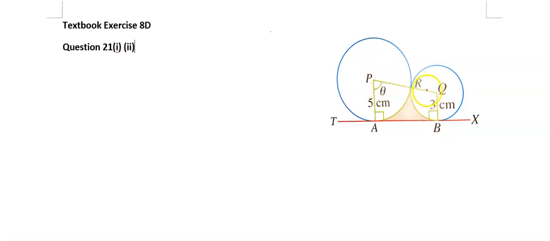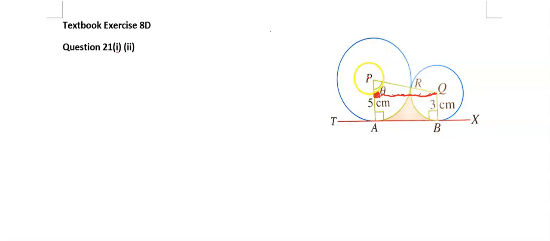Since AP and BQ are perpendicular, we can draw a line across. So we have a right angle triangle here as well, on top of this trapezium. So it's a rectangle and then a triangle forming a trapezium.